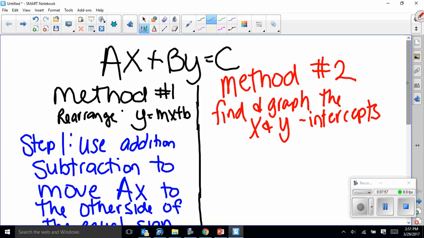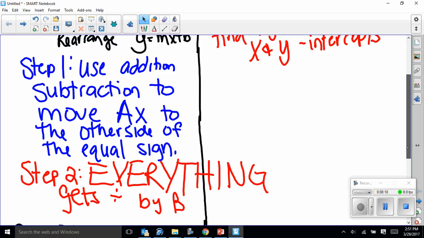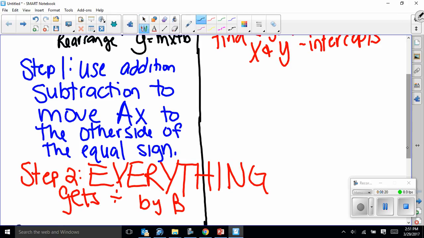So our first one is to find the x-intercept. Our x-intercept is where we cross the x-axis. What is the y-coordinate for any x-intercept? 0. So if we substitute 0 in for y, it'll allow us to find x.